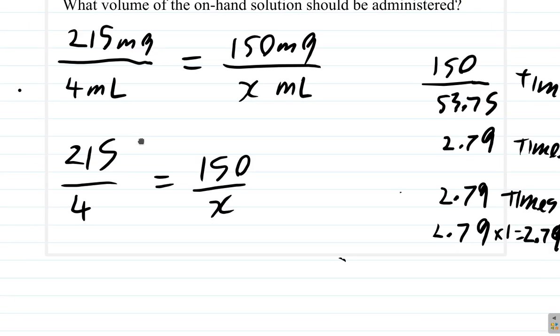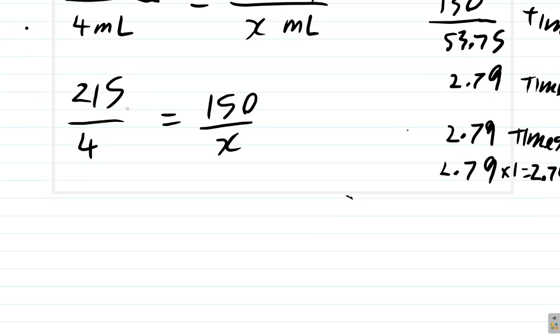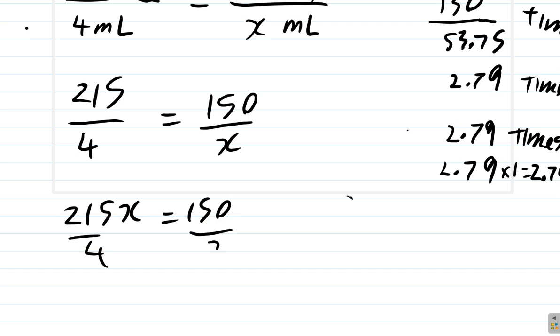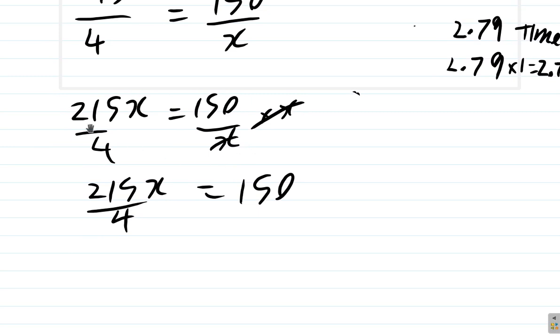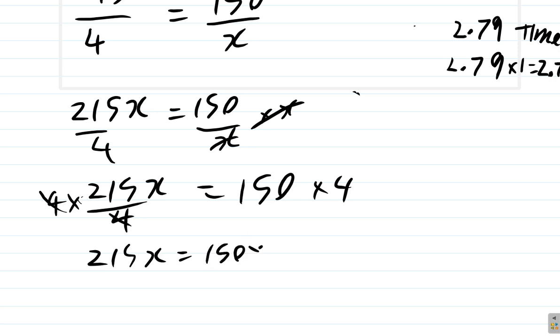So if you multiply both sides by x, you get 215x over 4 equals 150. You're going to have it over x and times x, so x will cancel. So you have 215x equals 150. This will be over 4, but if you multiply both sides by 4, 4 cancels, and this times 4. You have 215x equals 150 by 4.